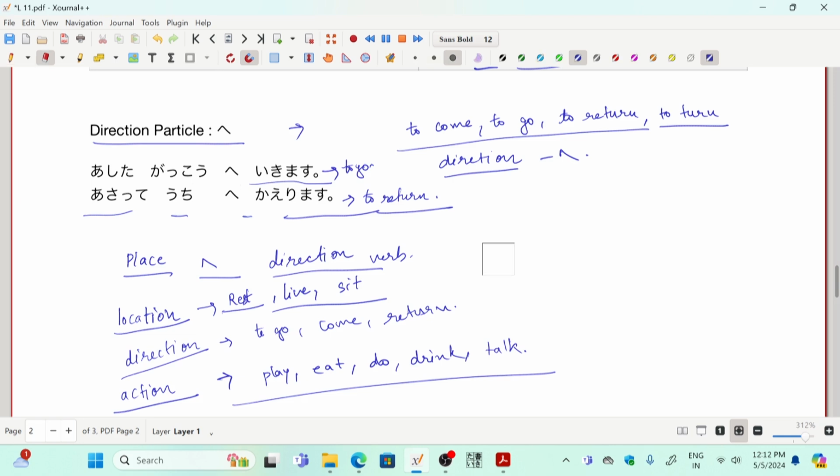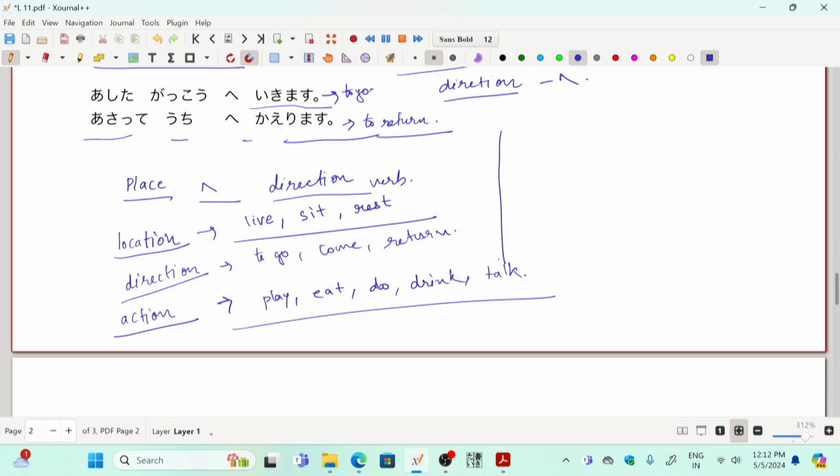So in Japanese, these three kinds of verb will have three different particles. And for direction verbs, we always have the particle e.